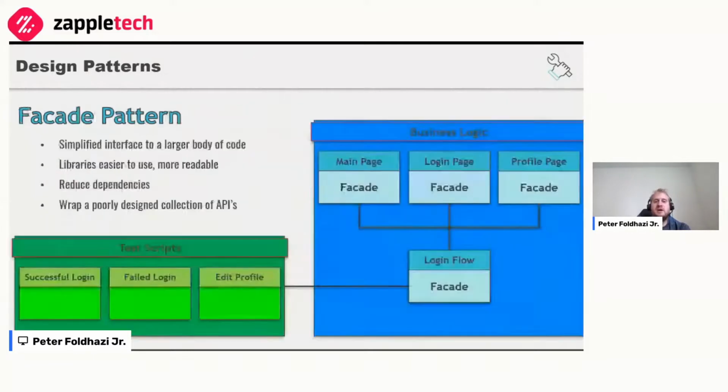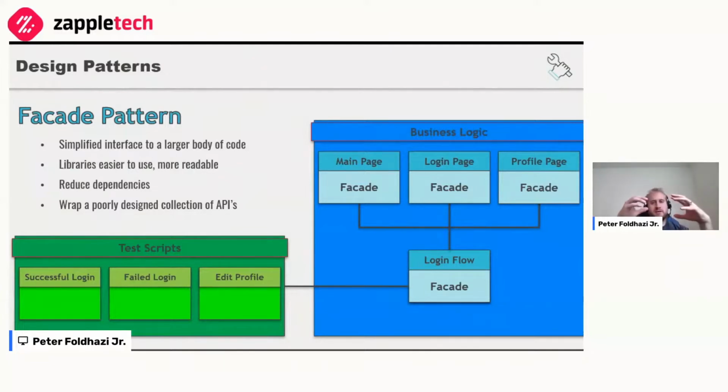My favorite one is the facade pattern, and one of the reasons is that it's used in all of the test automation specific design patterns that I'm going to show soon. So what is it exactly?